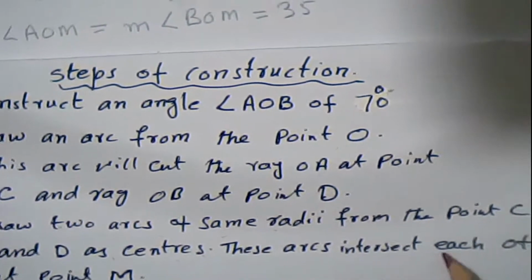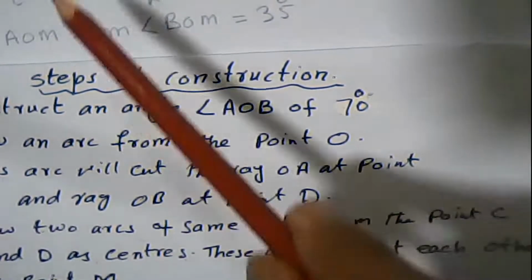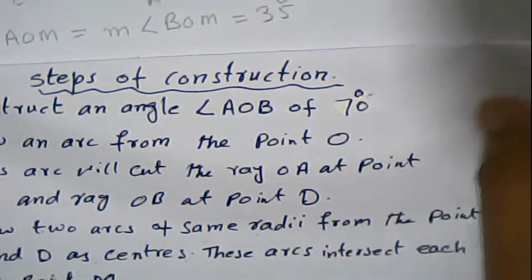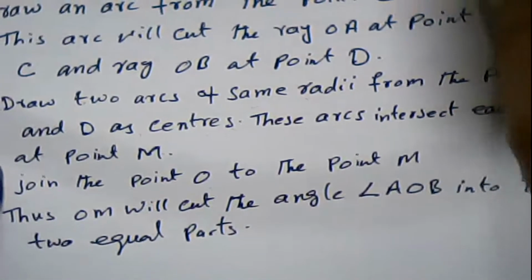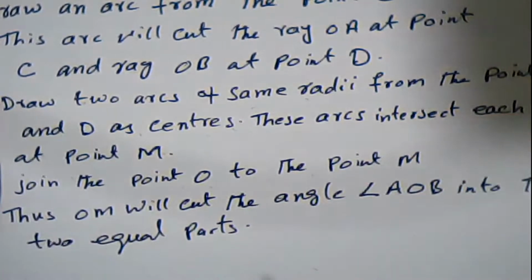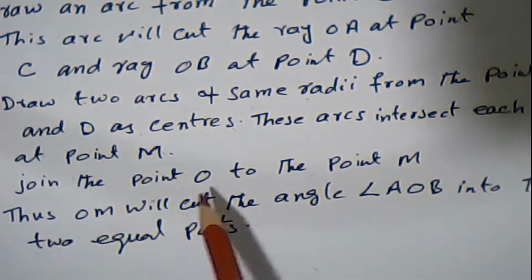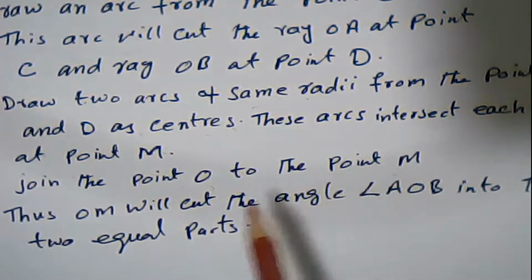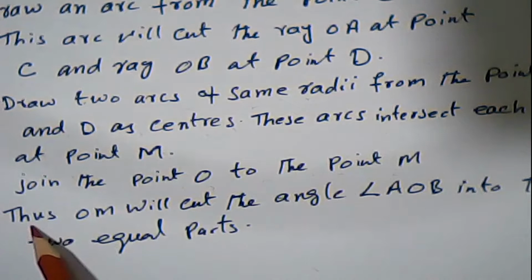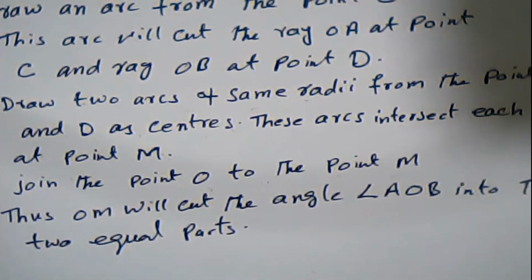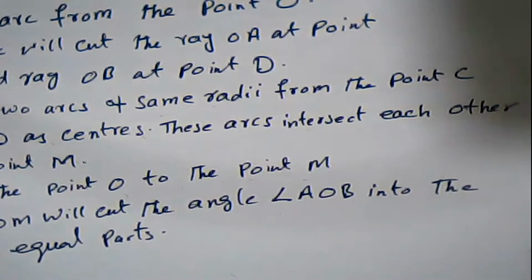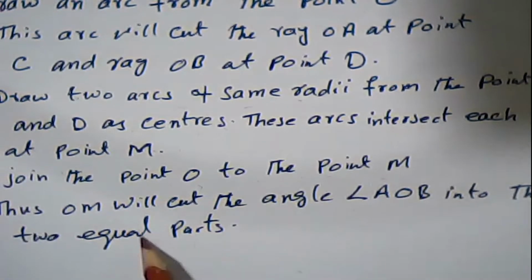These arcs intersect each other at a point M. Join the point O to the point M. Thus, OM will cut the angle AOB into two equal parts.